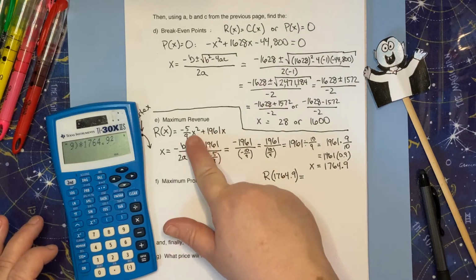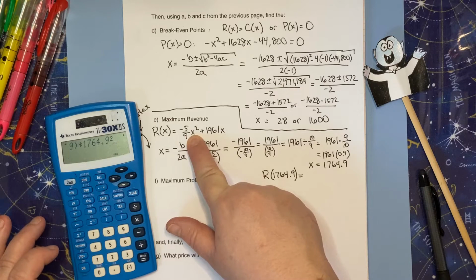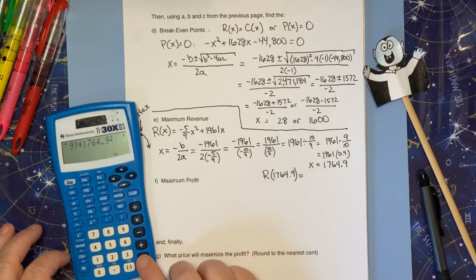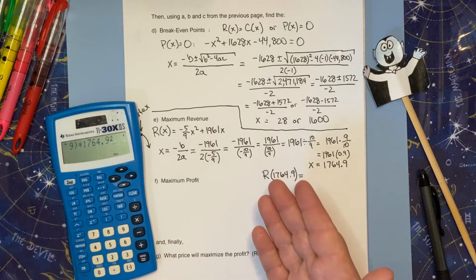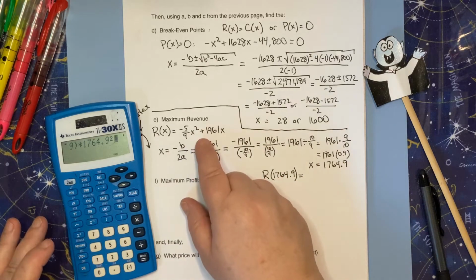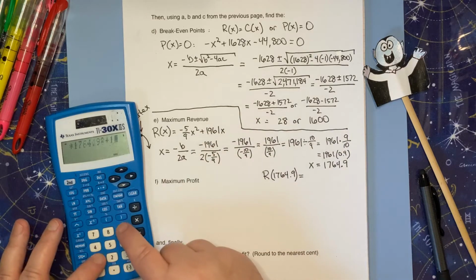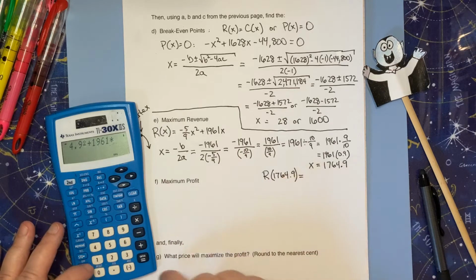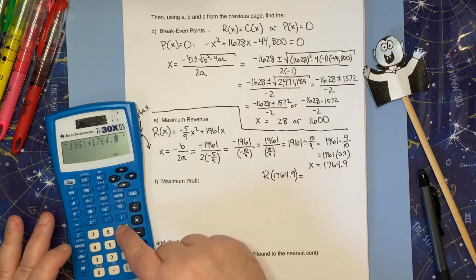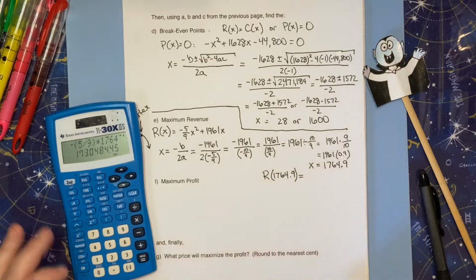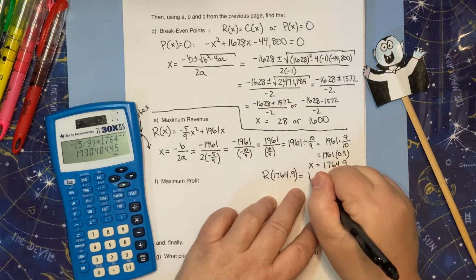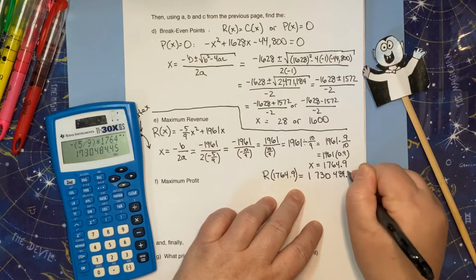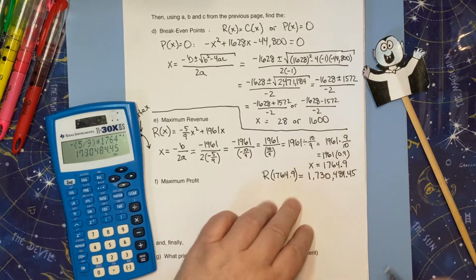That's the first part, squared. Because I'm old school, I learned to stop there and hit enter, but calculators can handle this now. So I'm going to add 1961 times, and again I have to type in the x, 1764.9, equals, and then I got 1,730,484.45. Ooh.